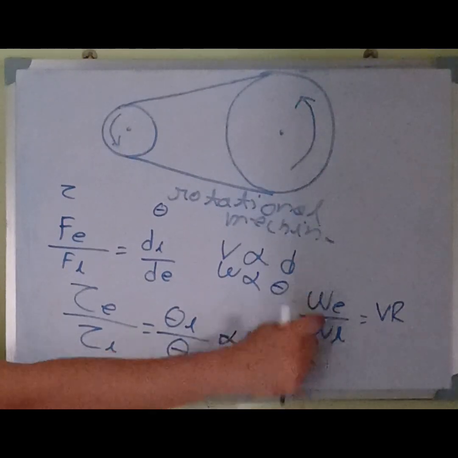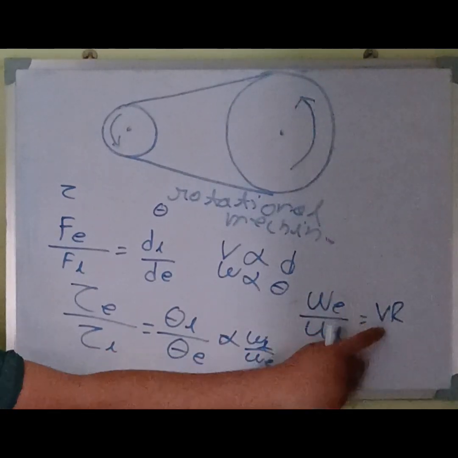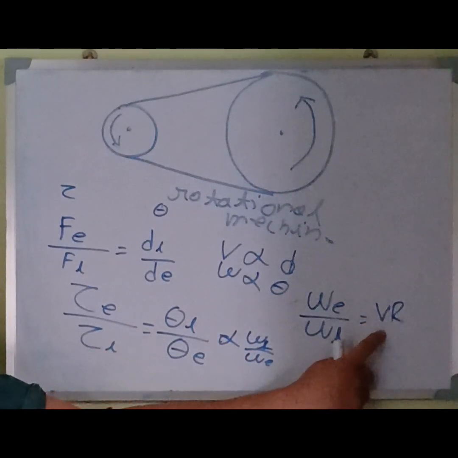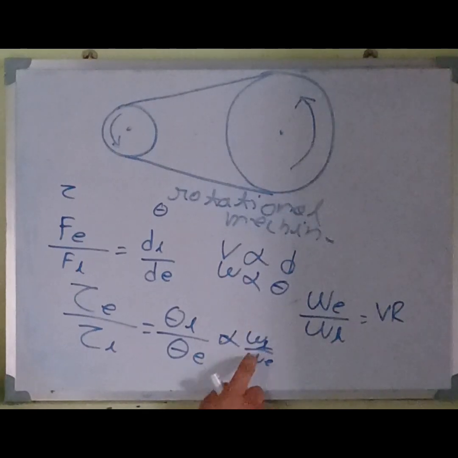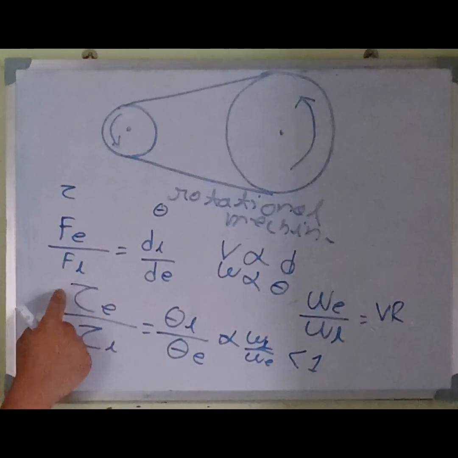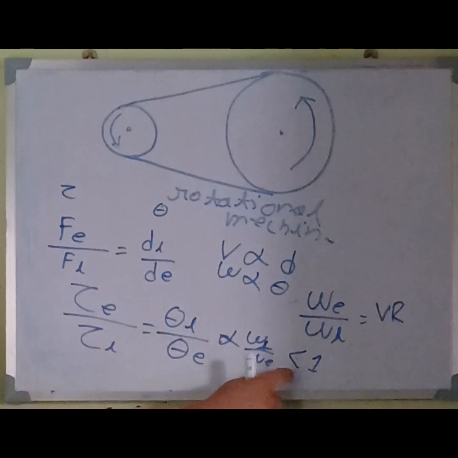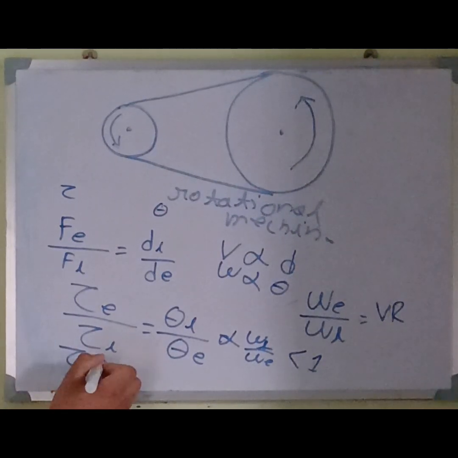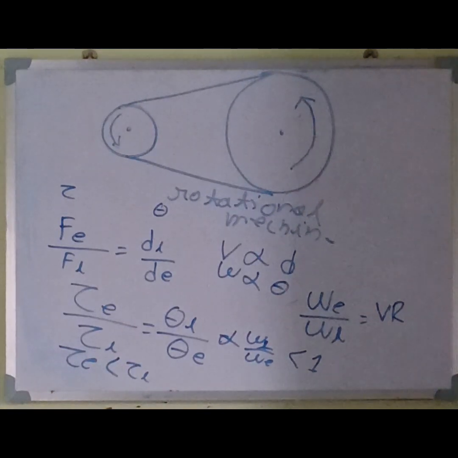Now we had previously proved that omega E by omega L, that was the velocity ratio, is greater than 1. So omega L by omega E should be less than 1. That also means that tau E by tau L should also be less than 1. That further means tau E is less than tau L, and that proves the point that it is a force multiplier.